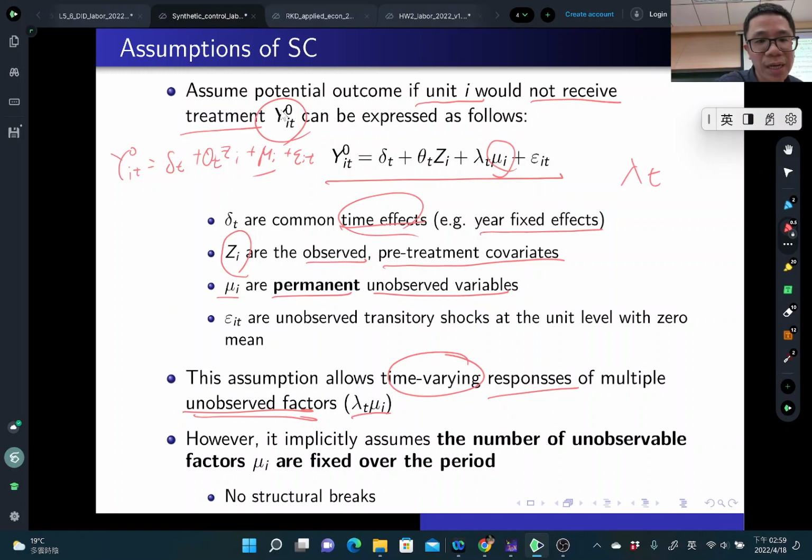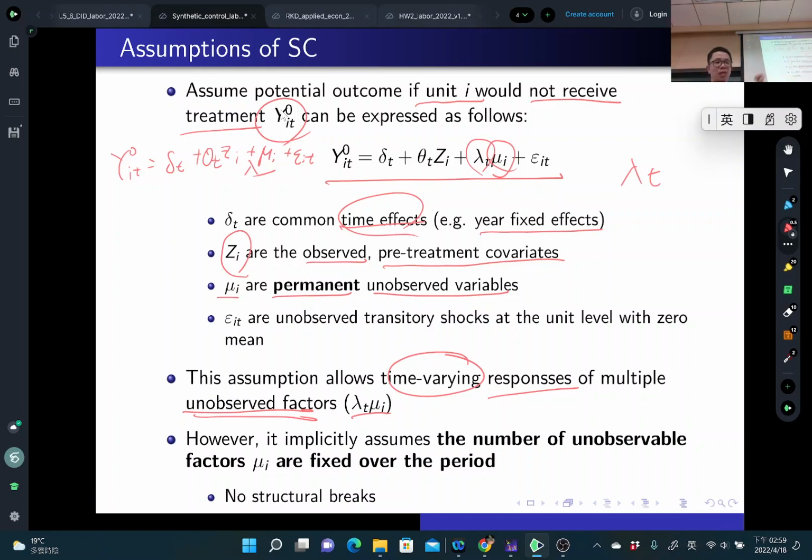I mean, the time effect is constant. We only have the group, so we can only get the group-specific effect. But we do not allow this group effect to have a time-varying effect on the outcomes. So the synthetic control method can deal with this issue.